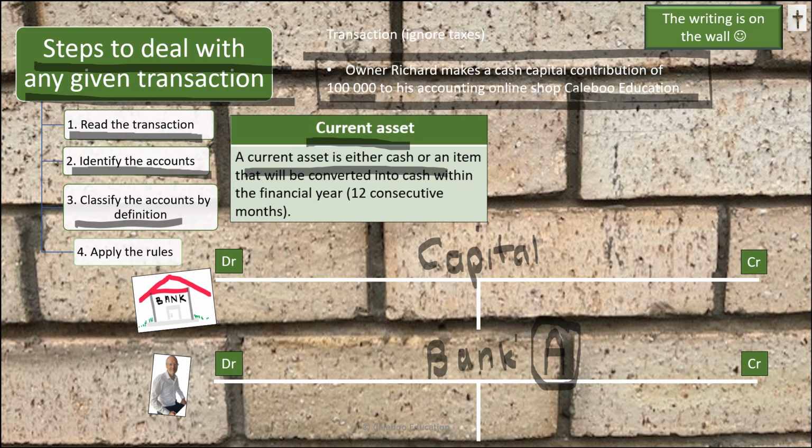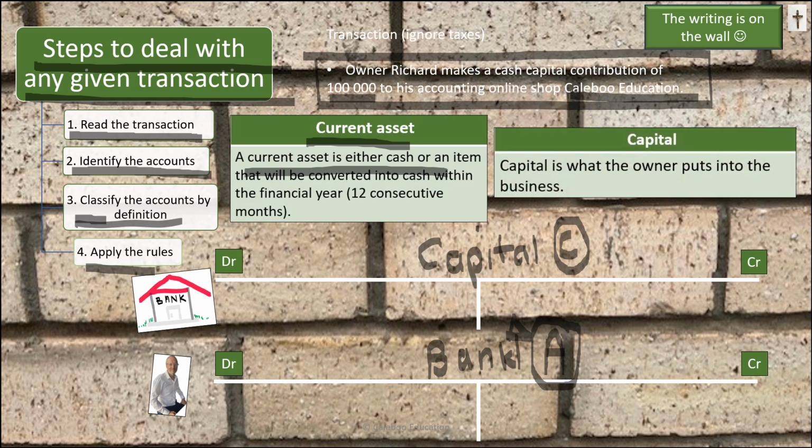It has increased. Capital is its own category. It's an owner's account. What the owner puts in will be recorded in capital. So now we've classified the two accounts. So there's the definition of capital. The owner's putting in cash into the business, capital.